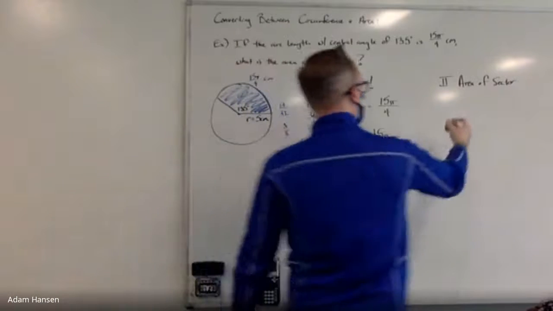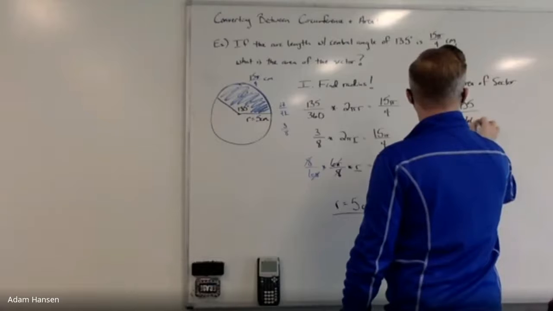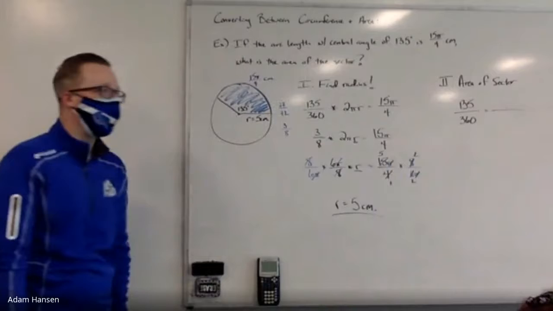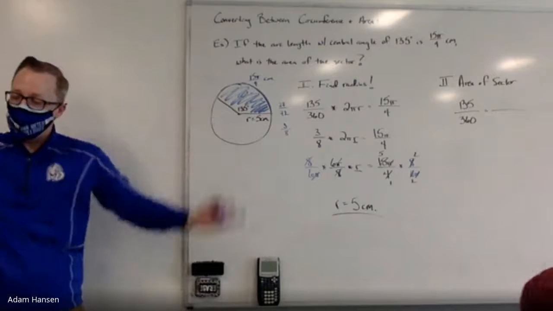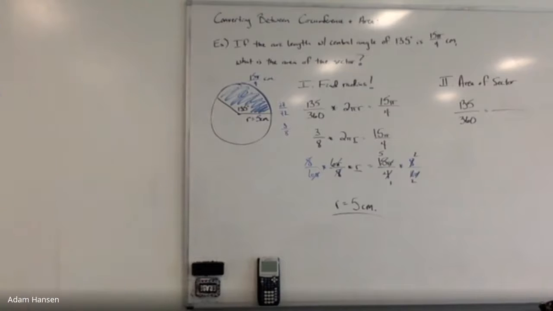I know I've got 135 of 360. Let's make a proportion. How do you find the area of the circle? The whole thing, all of it would be worth how much? What do you say, Shaylee? What's the area of a circle formula?